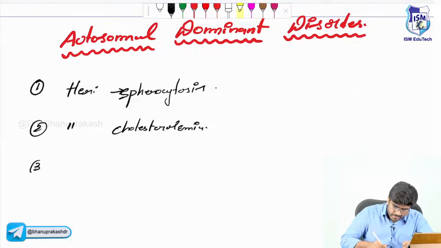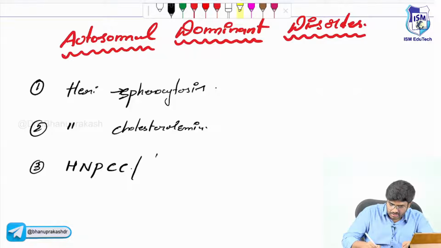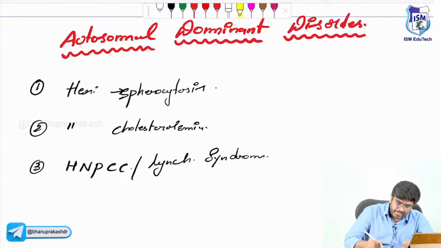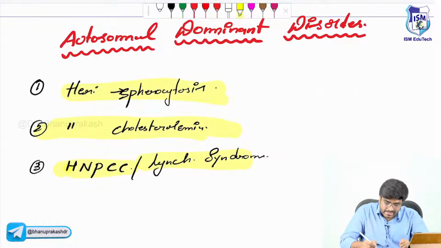Next, hereditary non-polyposis colon cancer, HNPCC, which is also called Lynch syndrome. So hereditary spherocytosis, hereditary hypercholesterolemia, hereditary non-polyposis colorectal cancer, which is also called Lynch syndrome. Important for your exams.